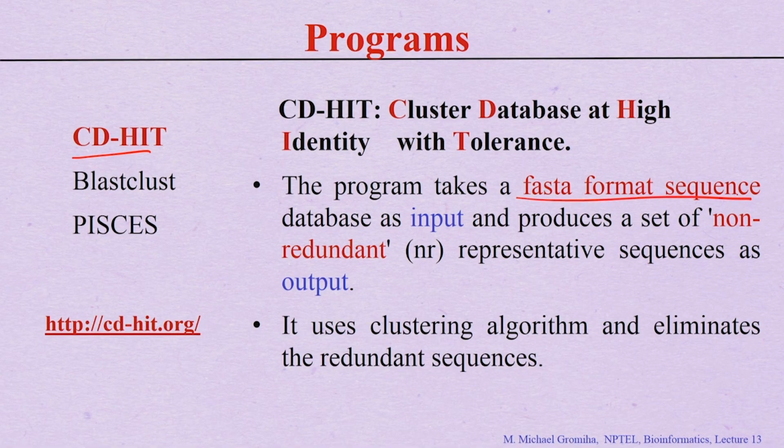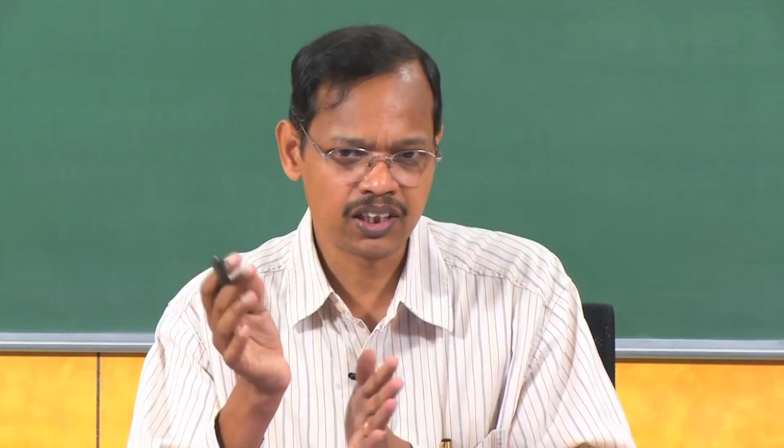It takes FASTA format, which we discussed earlier, and it starts with the greater than symbol. It takes all the sequences as input and gives a set of sequences which are non-redundant, depending upon the user's choice. We can specify the cutoff, we can specify the word size, I will explain that now.